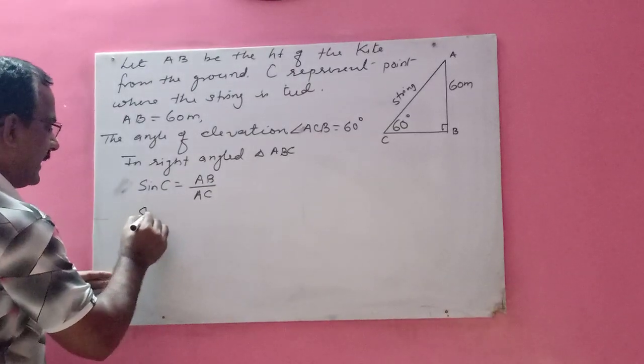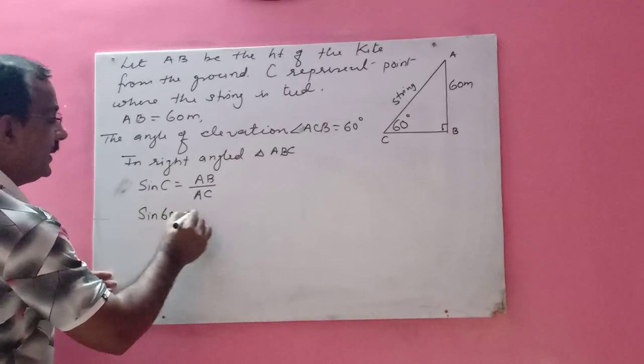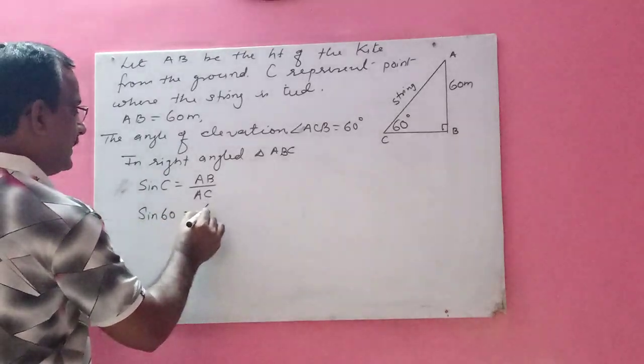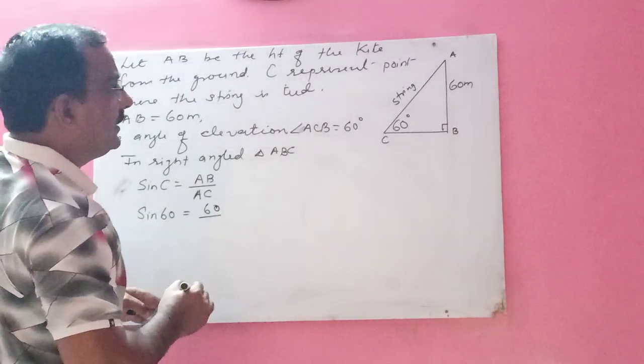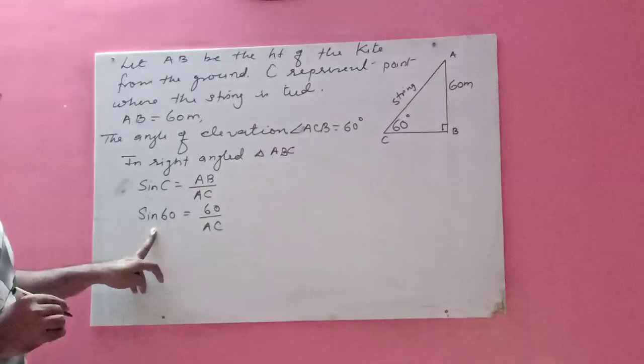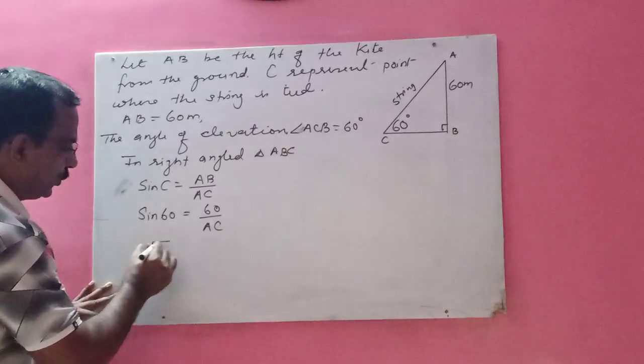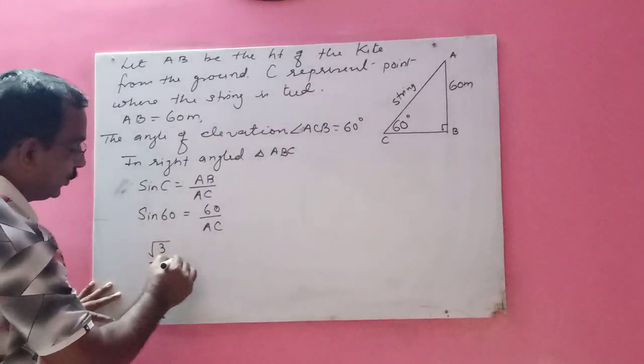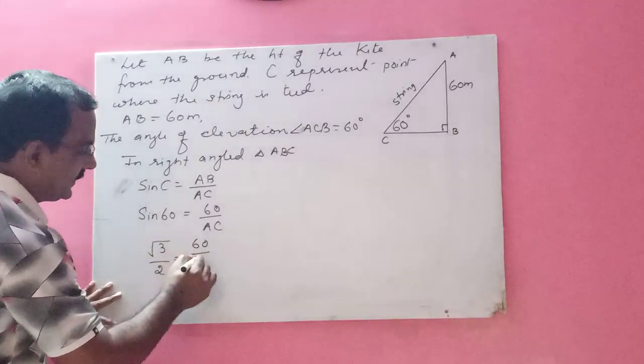This is sine 60, AB is 60, AC we have to calculate. Sine 60 from table it is root 3 by 2. Root 3 by 2 equals 60 upon AC.